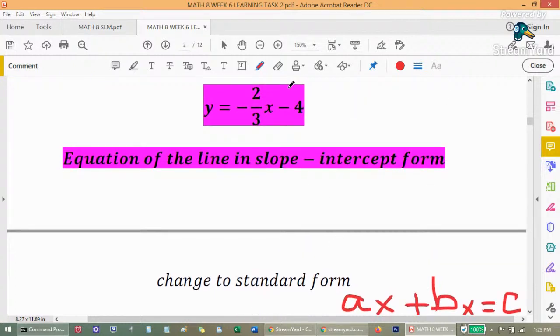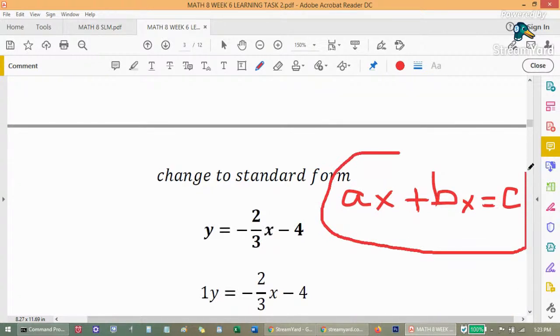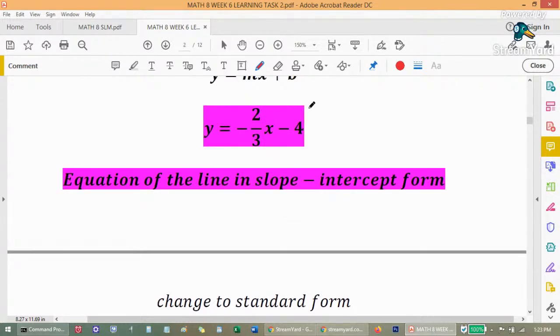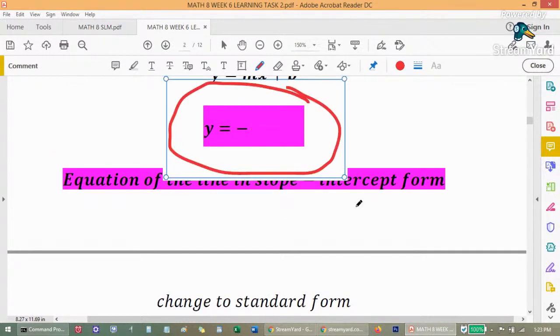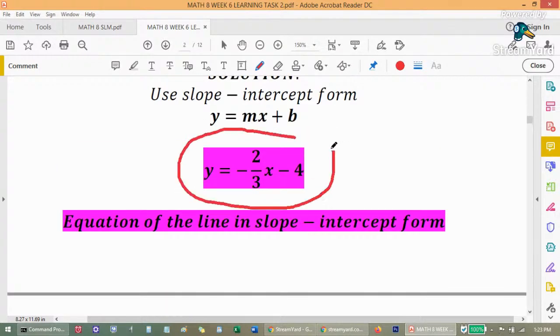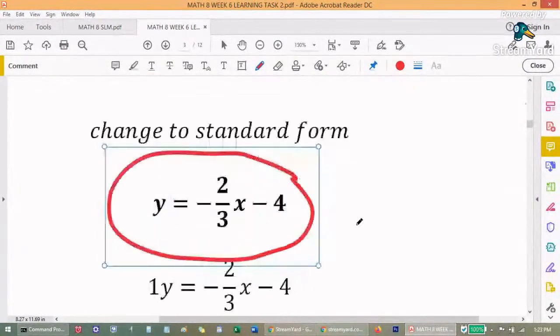Okay, so papalitan natin to para maging ax plus by is equals to c. Anong gagawin natin doon? Una, kokopyahin natin to.